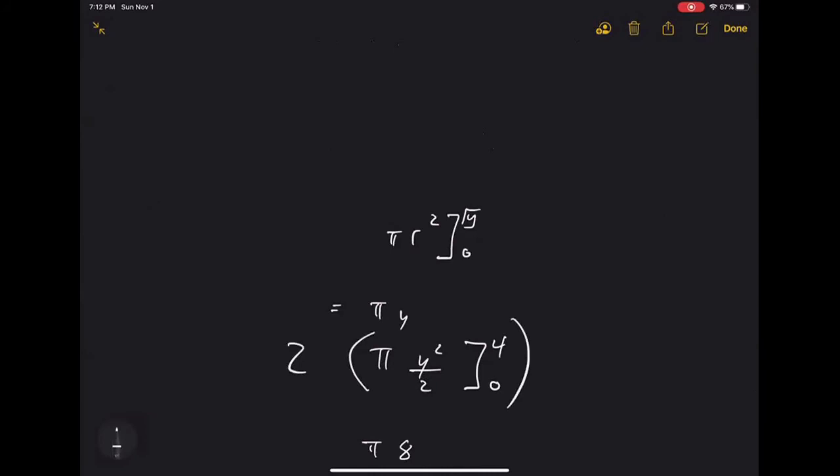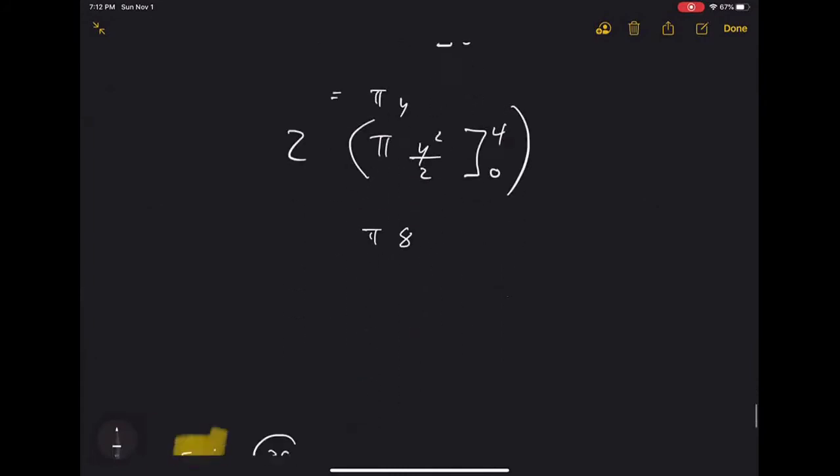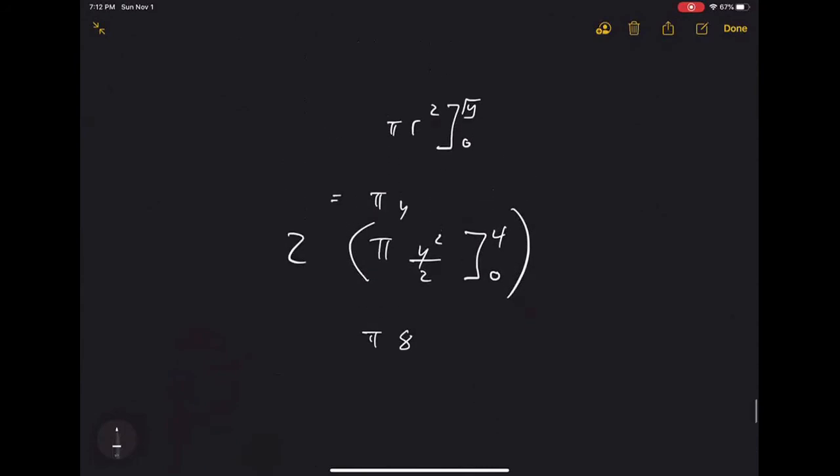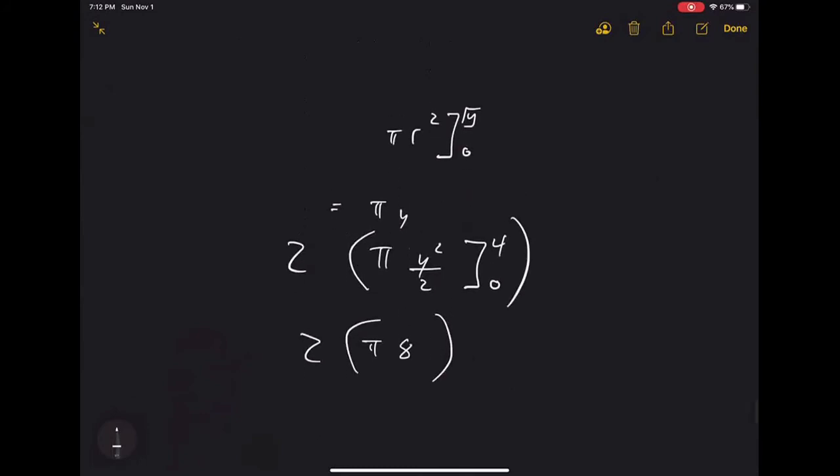So I have this. Okay, and then I've left off my 2 here. I integrate in terms of y. Okay, so I'm at this step. I integrate in terms of y. I get y squared over 2, evaluated from 0 to 4. Plug in my bounds. I get 8 pi.